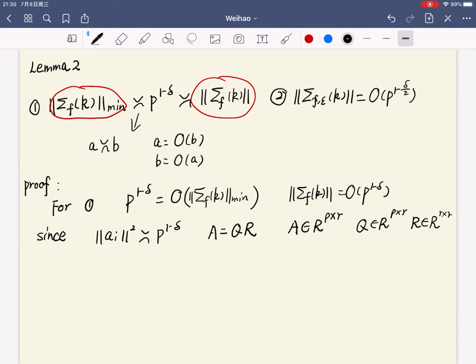Since Q is part of a unitary matrix, by the unitary invariant property we have this, because the 2 norm is unitary invariant.